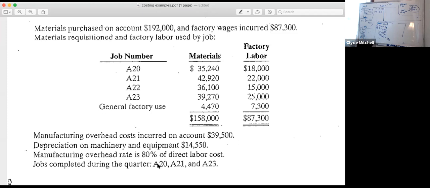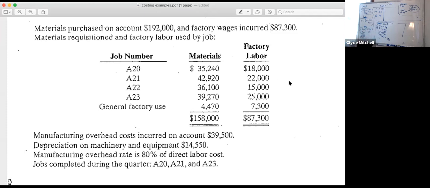Let's go and focus on how much is going to get allocated out. In terms of the amount that gets allocated out, we have 80% based on direct labor cost. If we look at our labor costs, we have 80,000. So 80% times 80,000 is going to give us overhead of 64,000. So 64,000 would be allocated out.